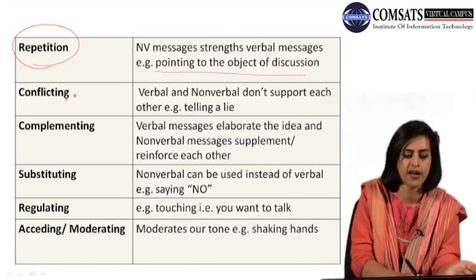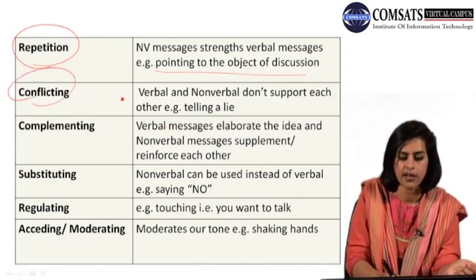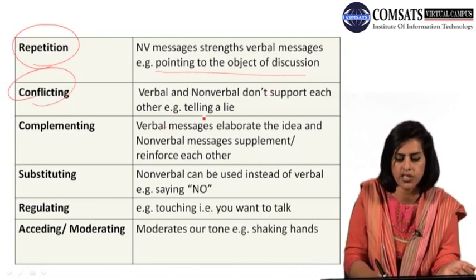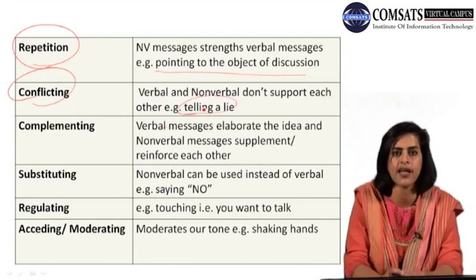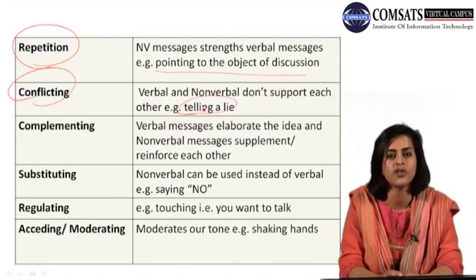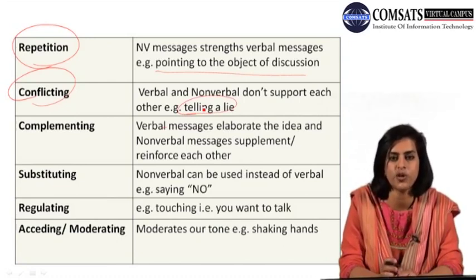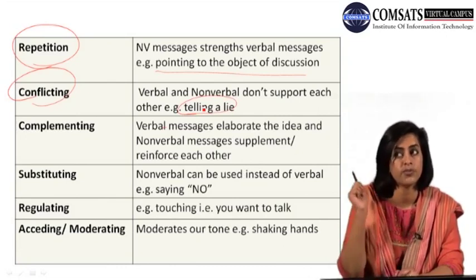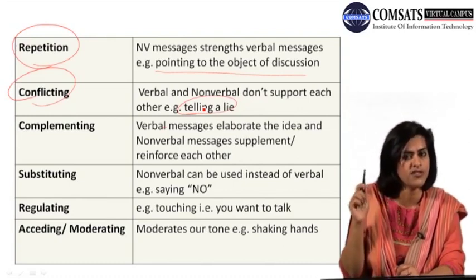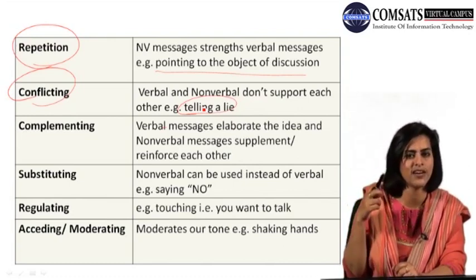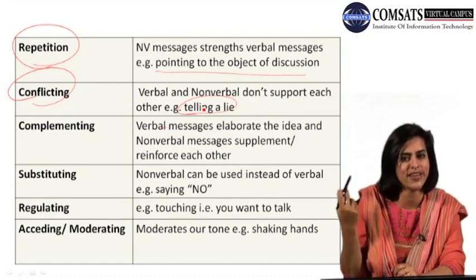Then sometimes they are conflicting, verbal and non-verbal don't support each other. For example, telling a lie. Say you are telling a lie to your mother, and you had been really very late last night, and your mother in the morning asks you where have you been last night, and you say with my friends. Now, is your verbal communication telling that you were really with your friends?